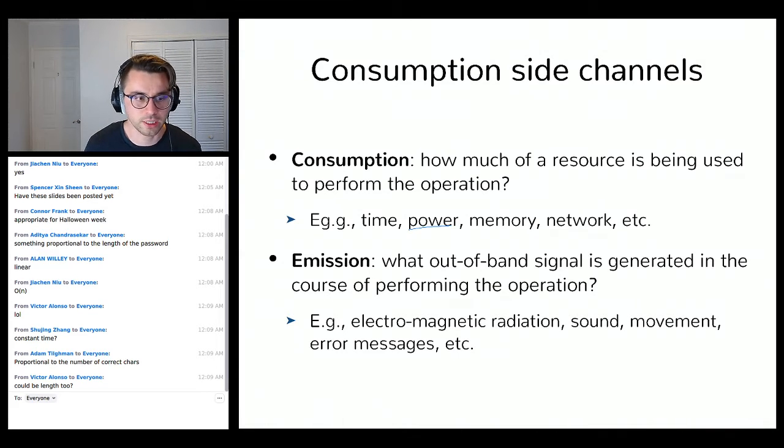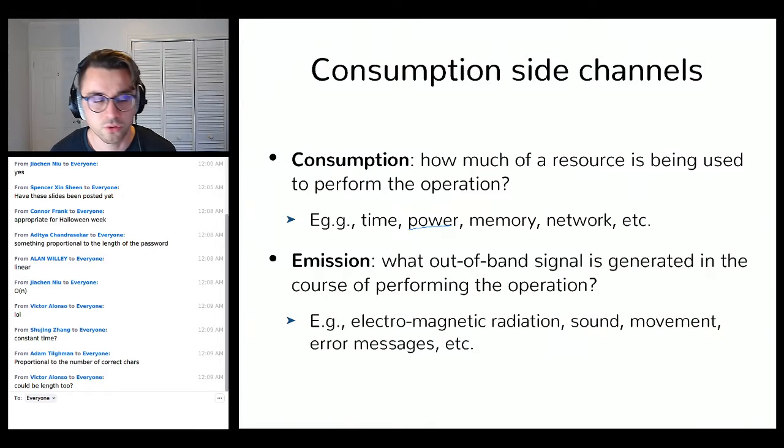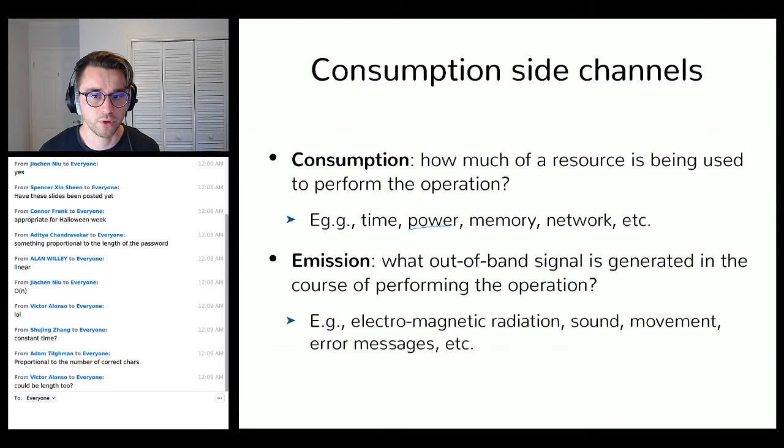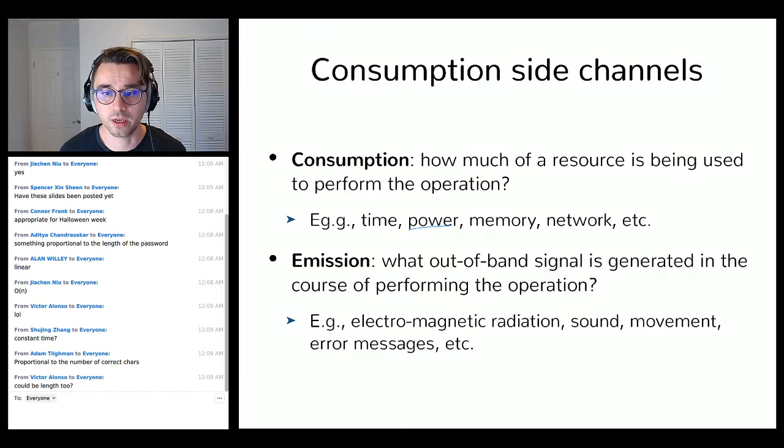Okay, right. So basically every computation uses some kind of resource, and whenever it does this, because it's a physical thing at the end of the day, there's some out of bounds signal that's generated in the course of performing the operation. So for example, when our computer runs, we have some electromagnetic radiation being produced. The sound of your computer might reveal some information about what you're computing.